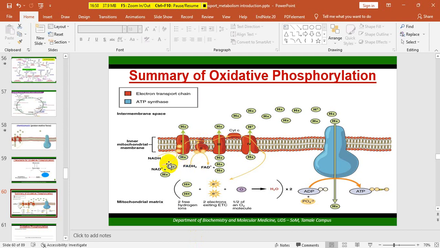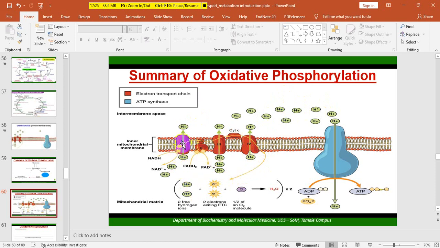So, like you saw in the video, protons will come and there will be electron transfer from complex 1 to complex 2, complex 3, then cytochrome C to complex 4. Then after passing through complex 4, protons will go out over here.